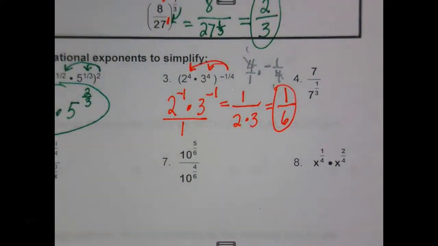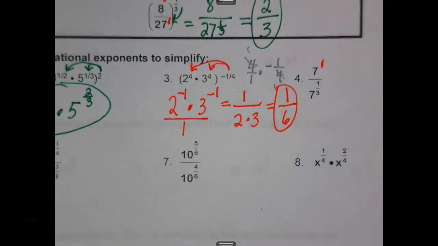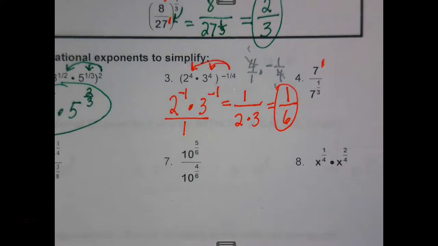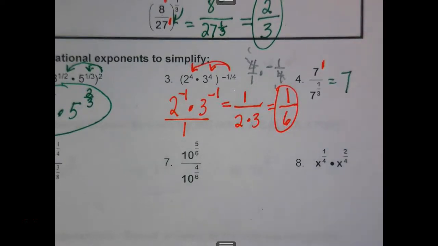Number 4. That's 7 to the first, right? Same base. What do I do with the exponents? Nope, we're dividing them.